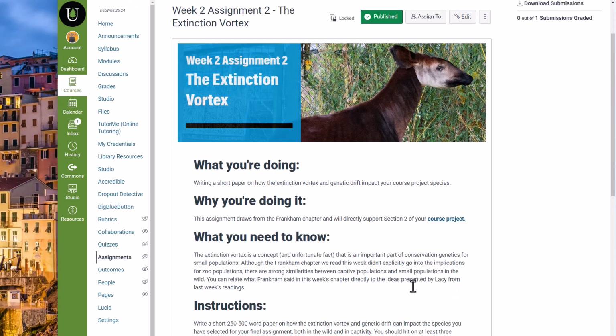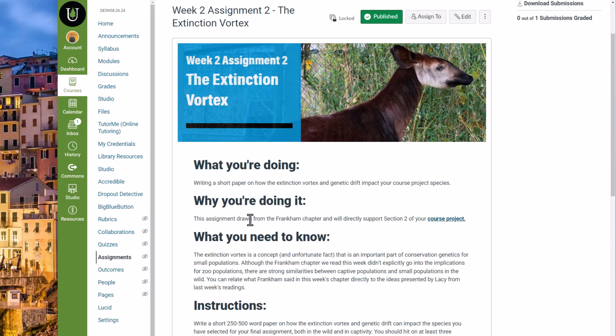Your second assignment for week 2 has you think about this extinction vortex, which was described in the Frankum chapter. Think of the extinction vortex as sort of a snowball. And so you might have one variable that is pushing extinction, but because of that, other variables start to come in and escalate that rate of extinction.